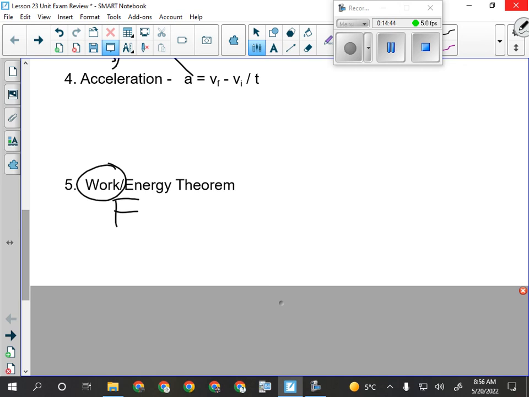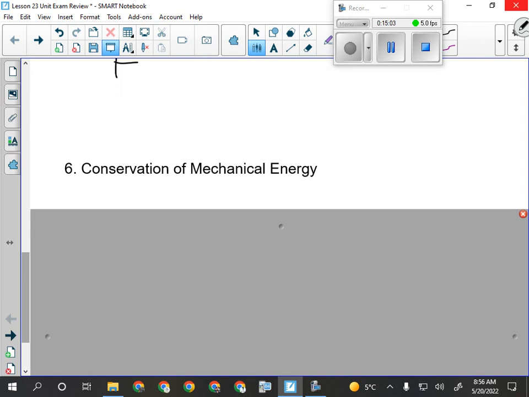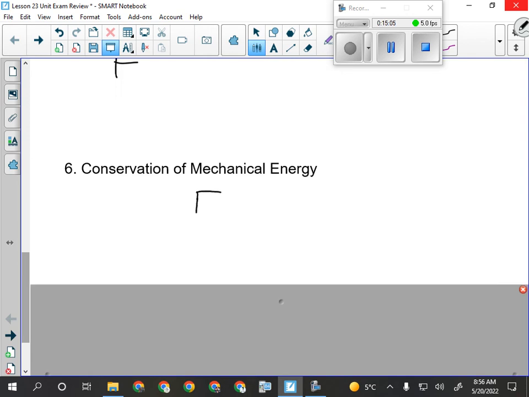Also, I did not use a new context for the law of conservation of energy problem. It's something that we've done before in class, and you should recognize it as a law of conservation of energy situation. That means this is law of conservation of energy, so Ei equals Ef.